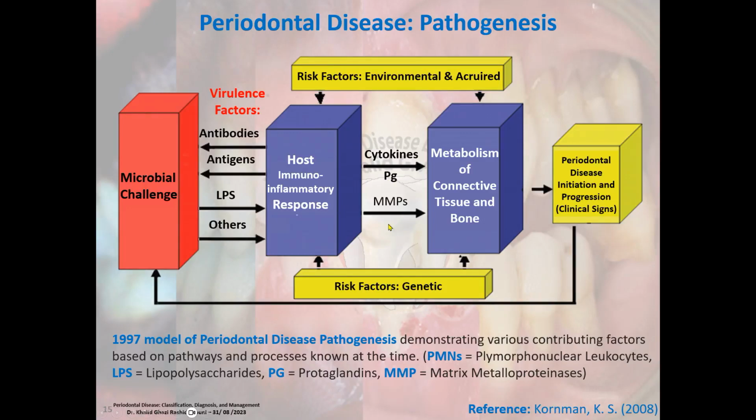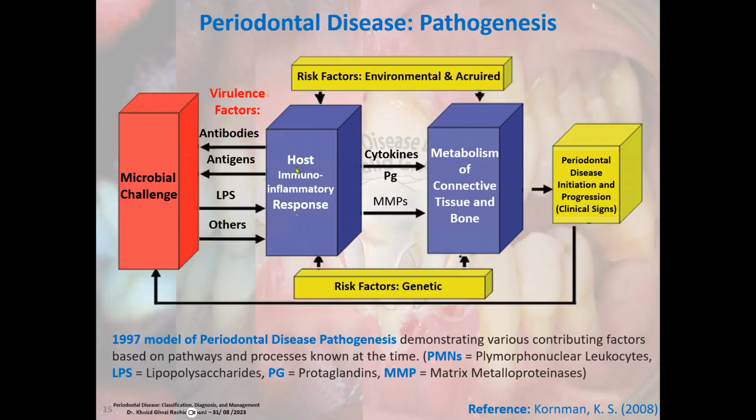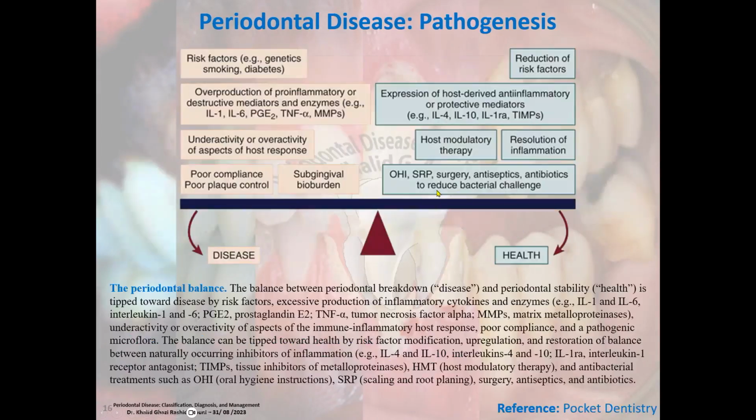And also here, from these matrix metalloproteinases, there is a kind of periodontal treatment line, which is immunomodulation therapy. And then we can talk about the periodontal balance with all these virulence factors, risk factors, genetics, overpopulation, pro-inflammatory mediators, underactivity and overactivity aspects of host response, poor compliance, poor plaque control, subgingival bioburden.